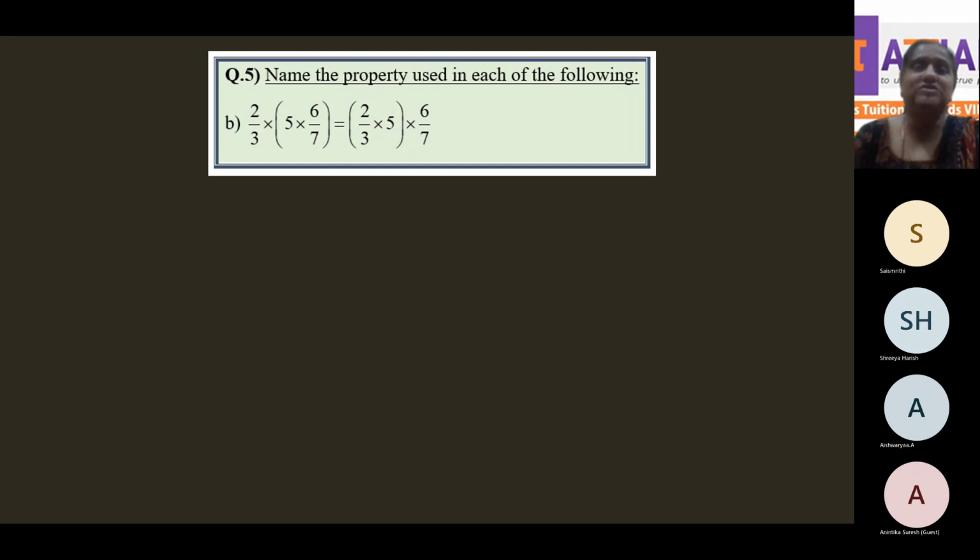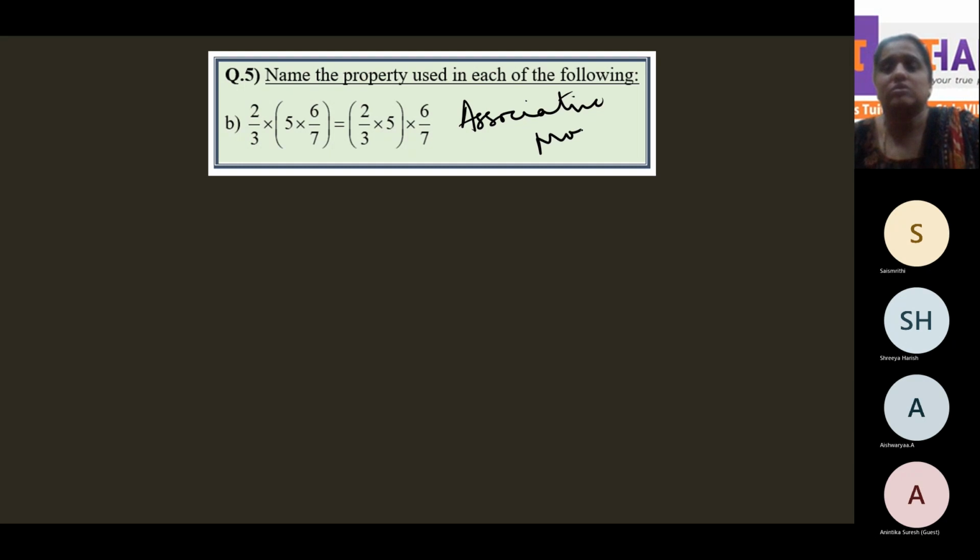Associative property, because we see 3 different rational numbers, 2 by 3, 5, and 6 by 7. 3 different rational numbers means associative property of multiplication of rational numbers. You should complete that, of multiplication.